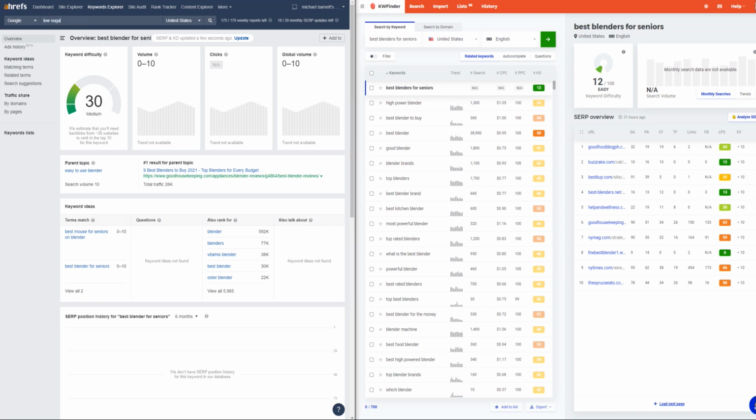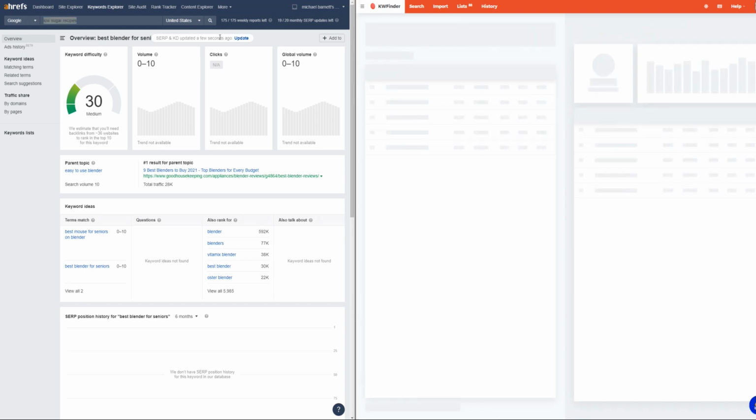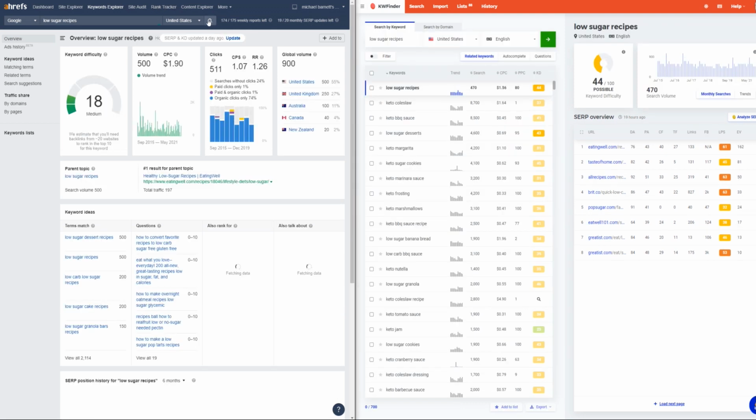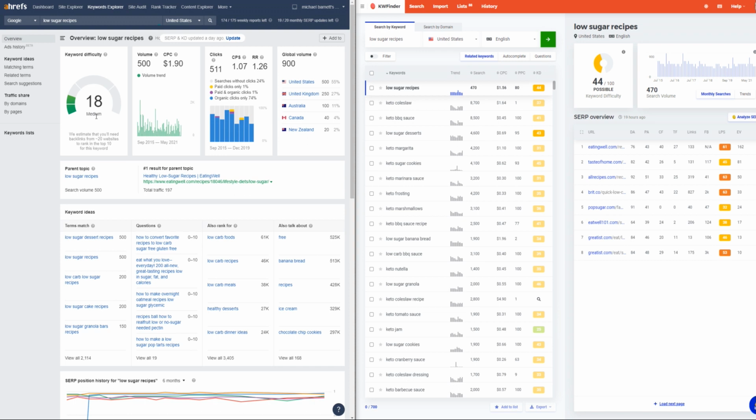Low sugar recipes. This one has been quite interesting. So let's see how it is handled by AHRefs. You can see they're saying it's 18, so it's medium difficulty according to them.